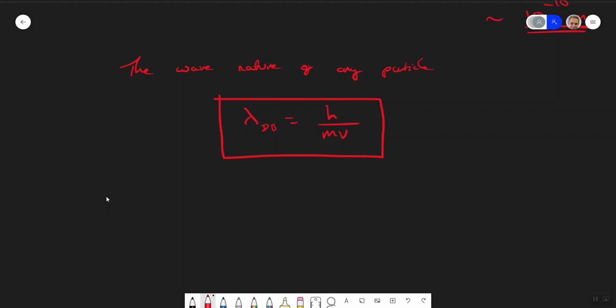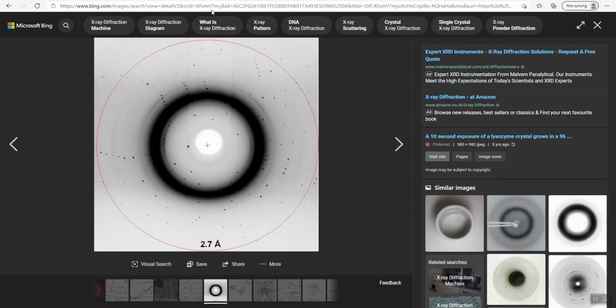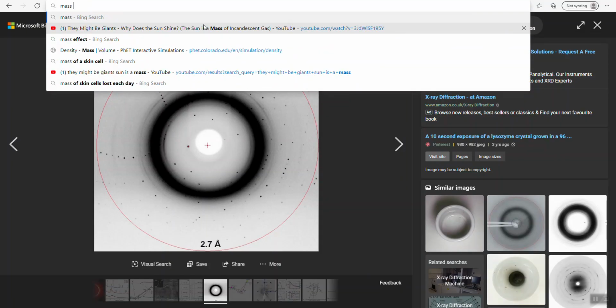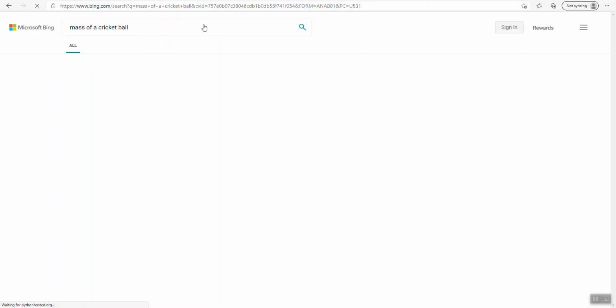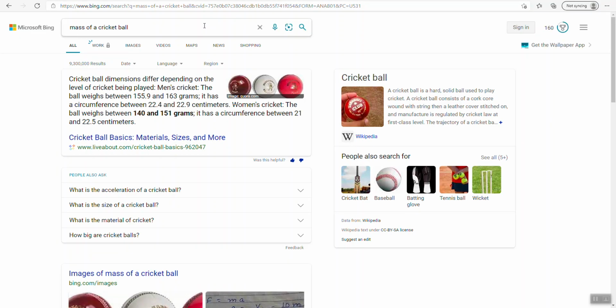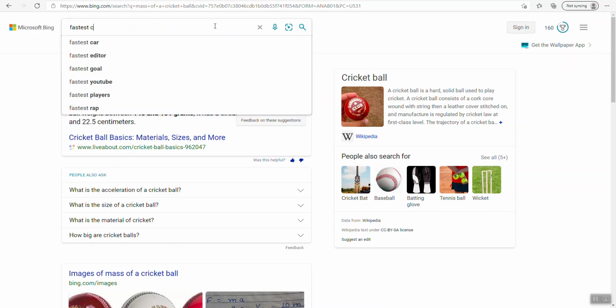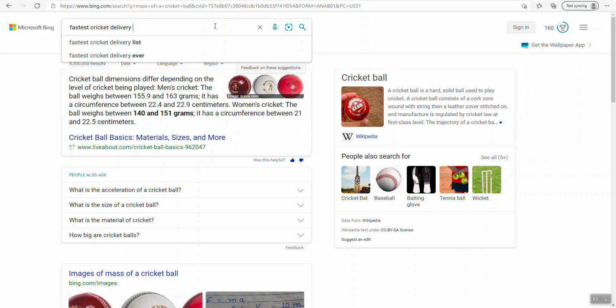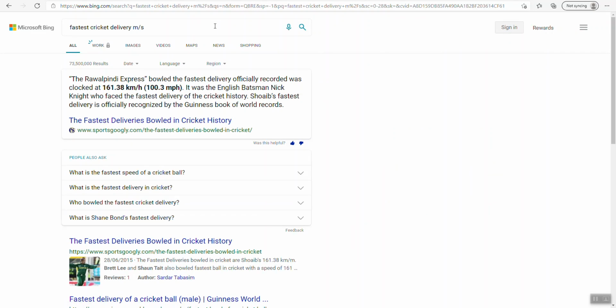So if we did an example, if we considered a cricket ball of, let's say, I now need to look at the mass of a cricket ball. 160 grams, and the fastest cricket delivery, hopefully, 161 kilometers per hour.